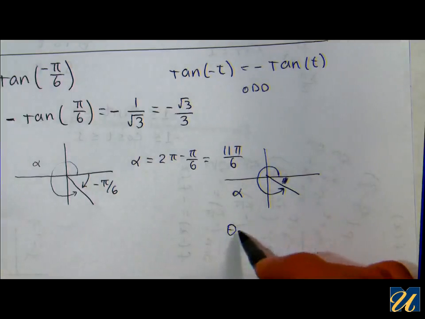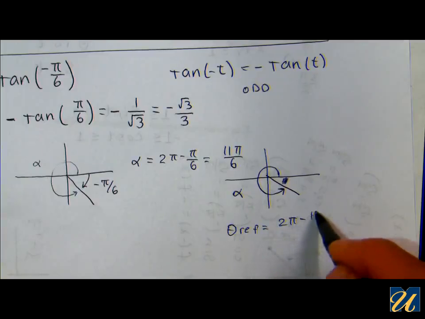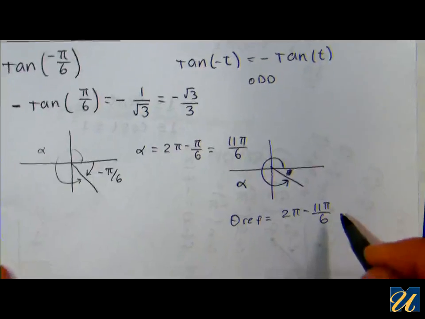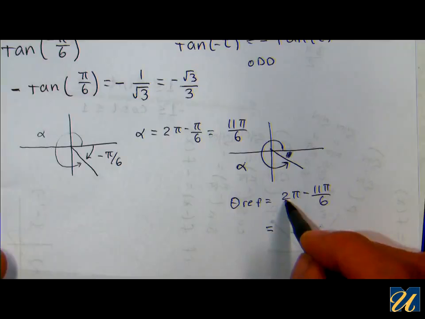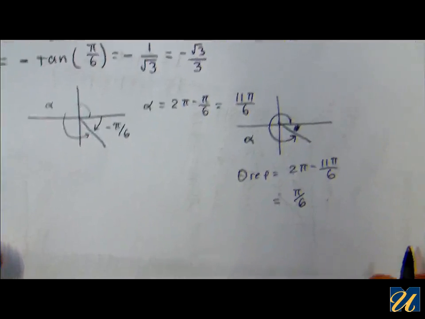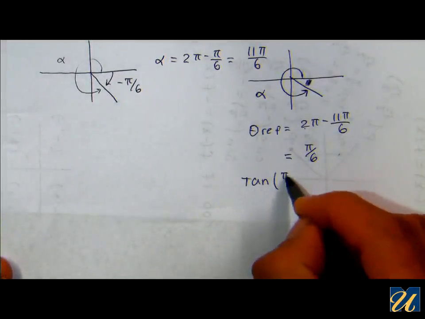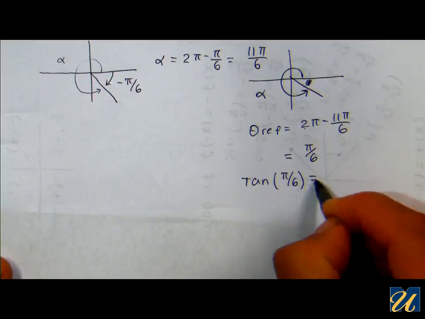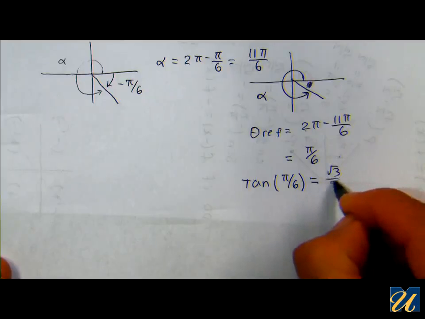We'd find it to be 2 pi minus 11 pi over 6, which is 12 pi over 6 minus 11 pi over 6, is 1 pi over 6. Then we would get the trigonometric value, here it's tangent, at that reference angle. And the tangent at pi over 6 is root 3 over 3.